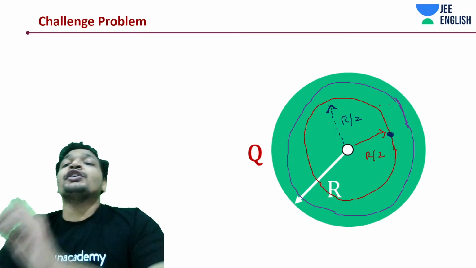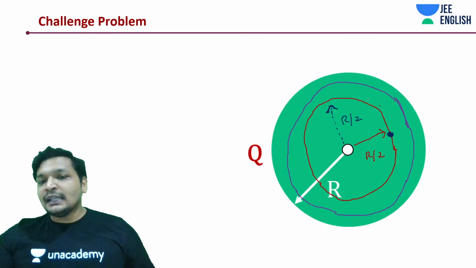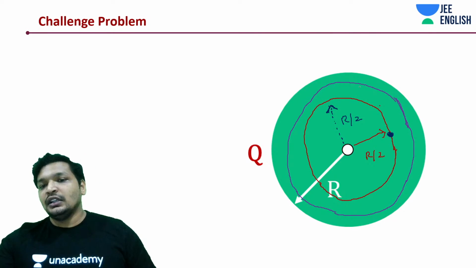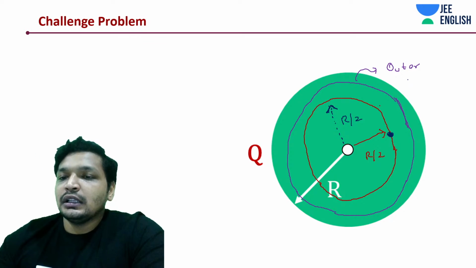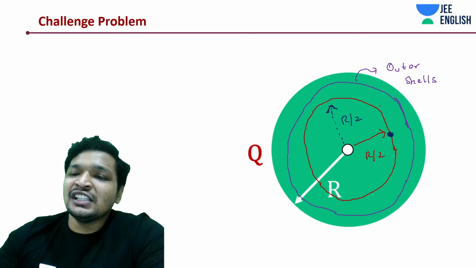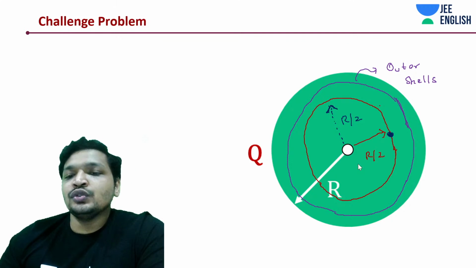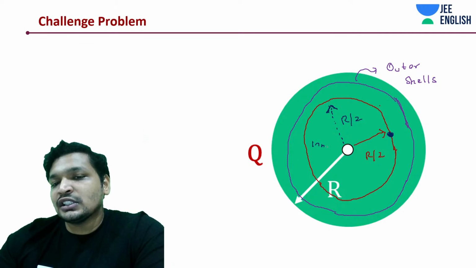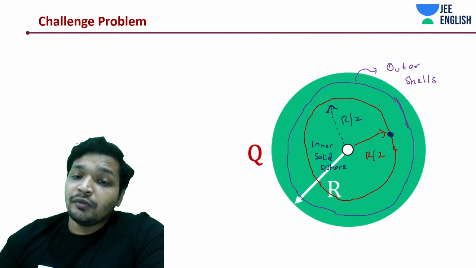So there are going to be two potentials that you need to add. Of course, you are going to integrate for the outer shells. One is the outer shell, or shells, since there are multiple shells. And the other one is due to the inner solid sphere. So two kinds of potential exist.